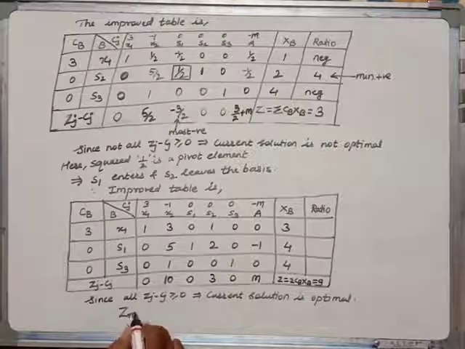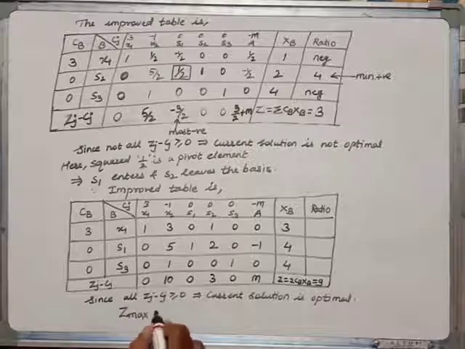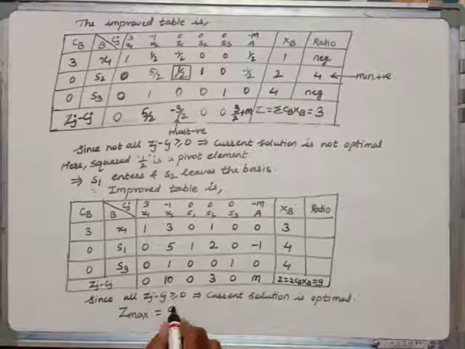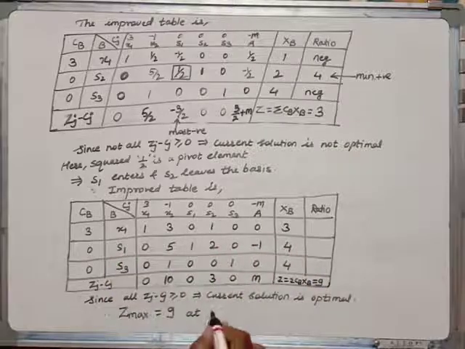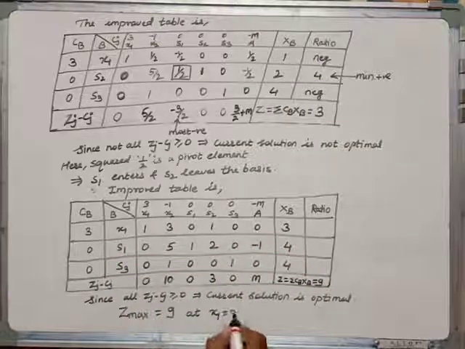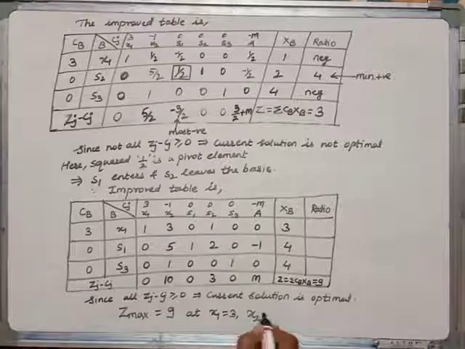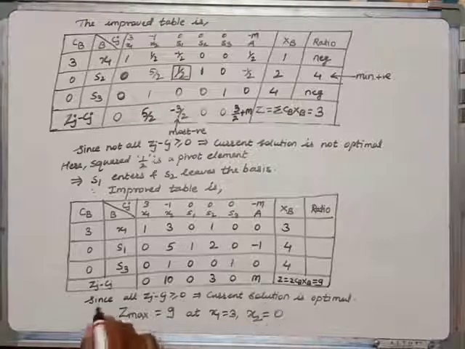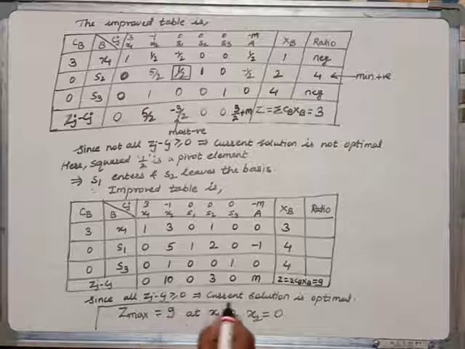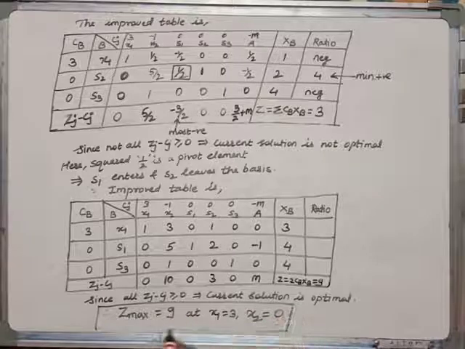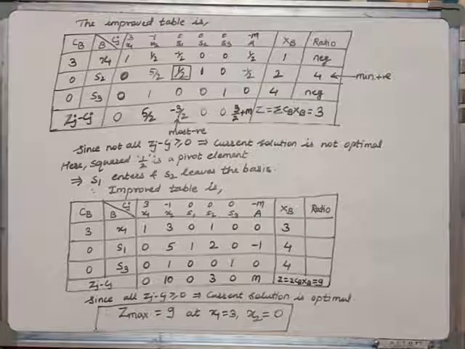Here we have to determine Z maximum. Z maximum is 9, where x1 equals 3 and x2 is not in the basis, so x2 is 0. This is our solution to this problem. As such, we can solve the problems of the Big M method.